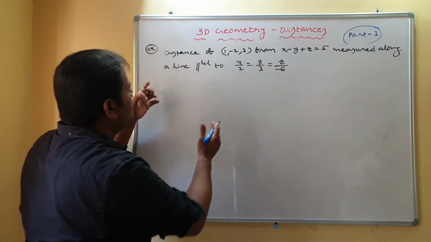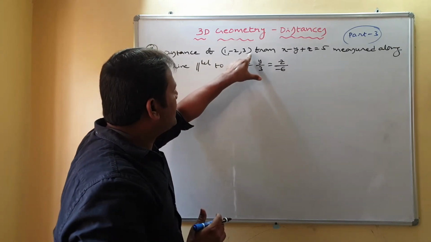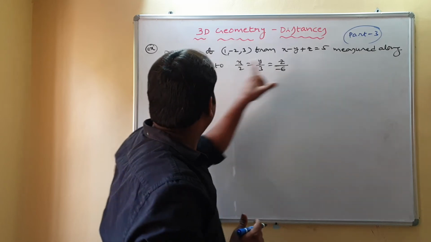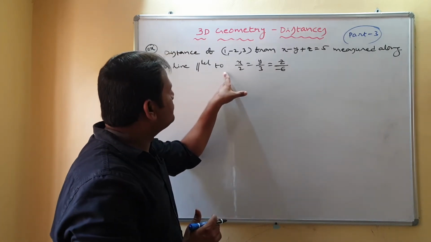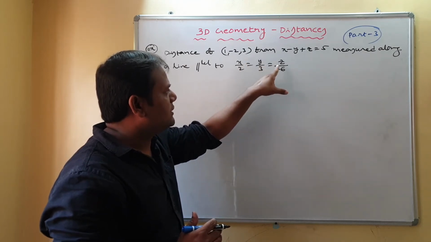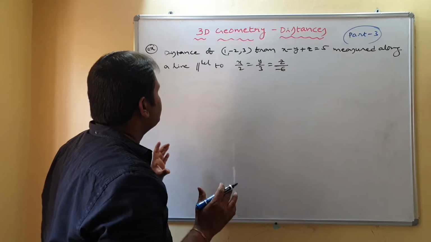Coming to this example, you have to find the distance of the point 1, minus 2, 3 from this plane measured along a line parallel to the given line, that is x by 2 equal to y by 3 equal to z by minus 6. So here what they are asking, you observe.